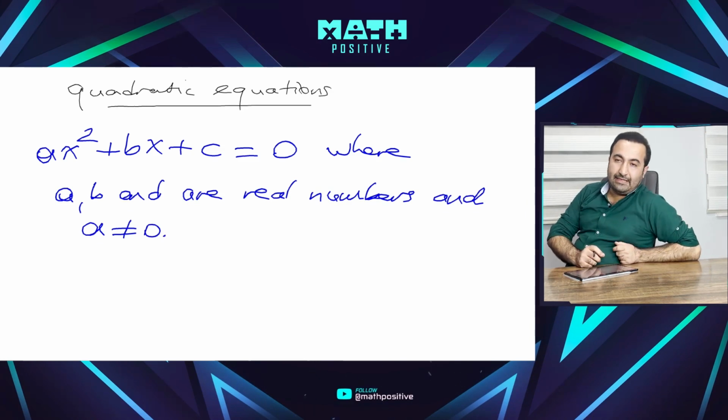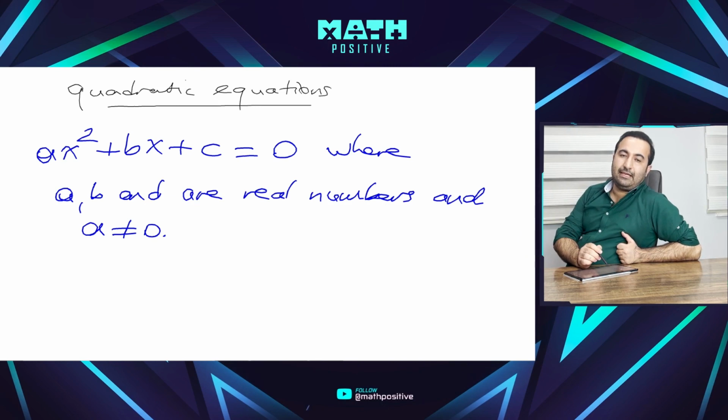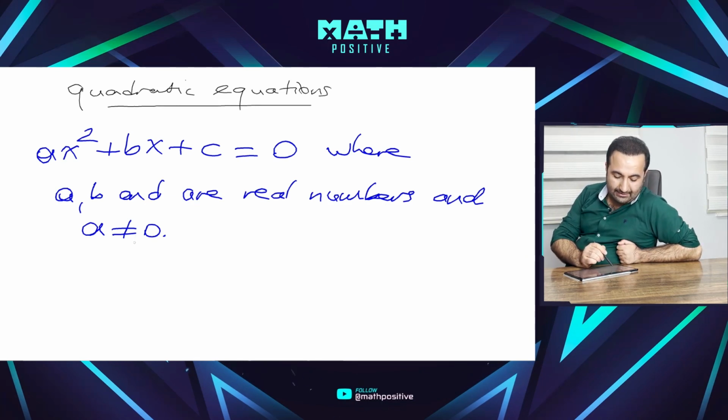This is a quadratic equation: a times x squared plus b times x plus c equals 0, where a is non-zero, and b and c are reals.